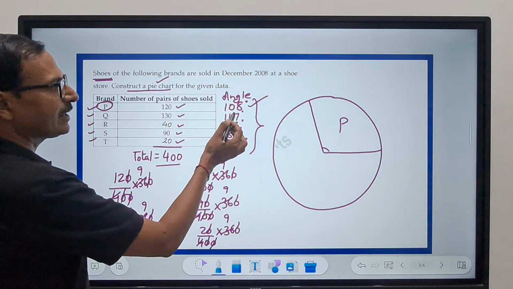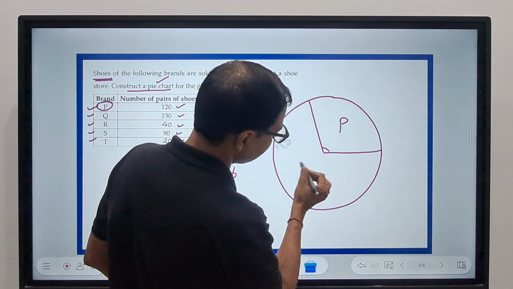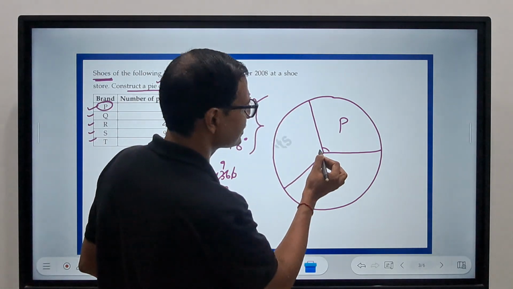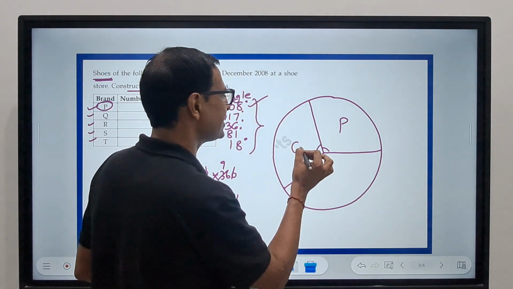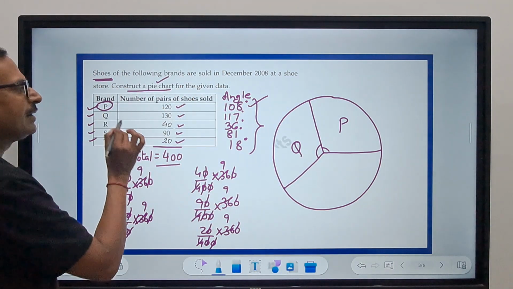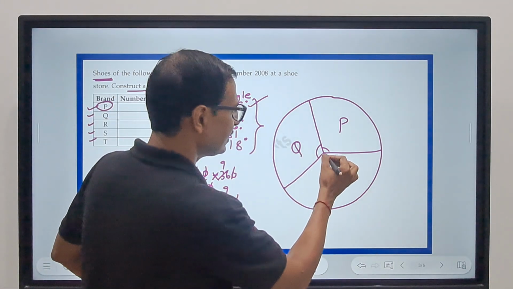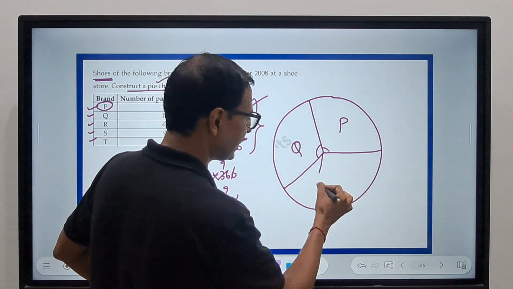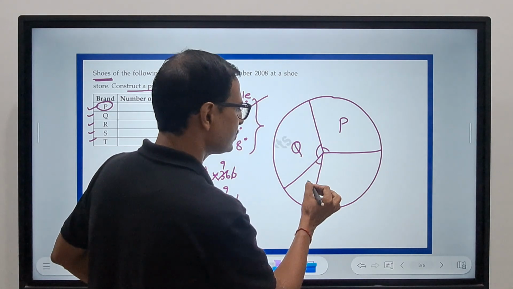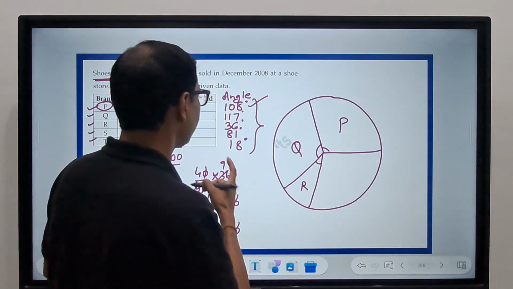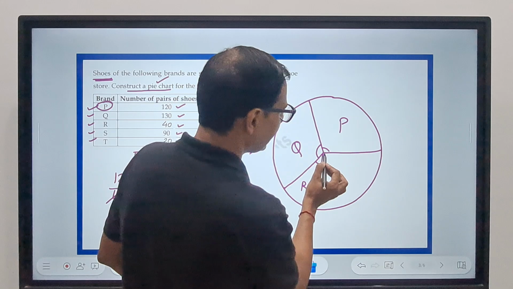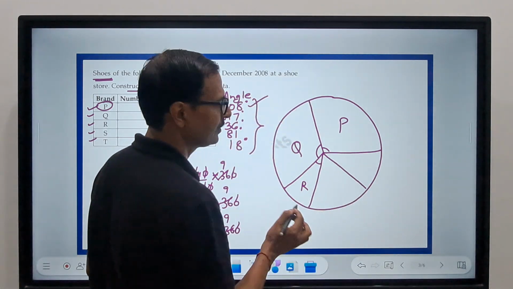Likewise, second angle is 117. So 117 is somewhere here. This represents Q, the second brand. Likewise, 36 degrees is something like this. So this is R, the third brand. 81 degrees is somewhat like this, right?